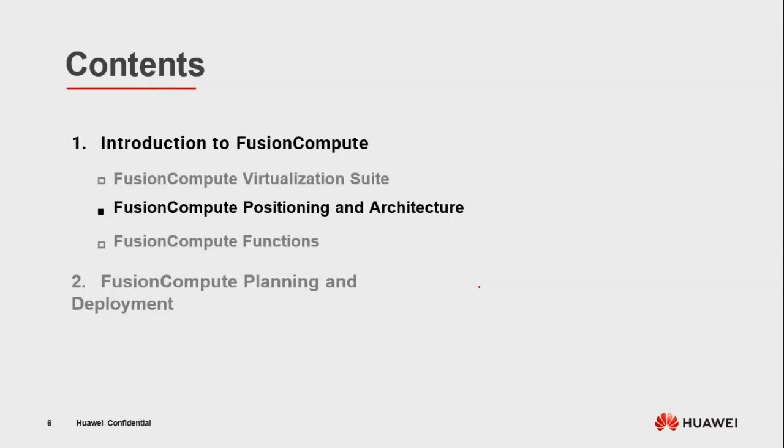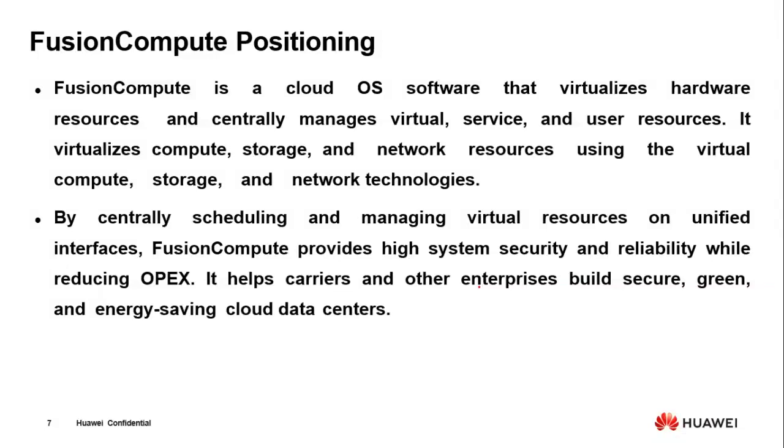So now we go to the positioning and the architecture. FusionCompute is cloud operating system software, and it functions just like any other virtualization technology, so it virtualizes the hardware. What are the hardware resources that can be virtualized? Who can tell me, according to the last chapter that we discussed?